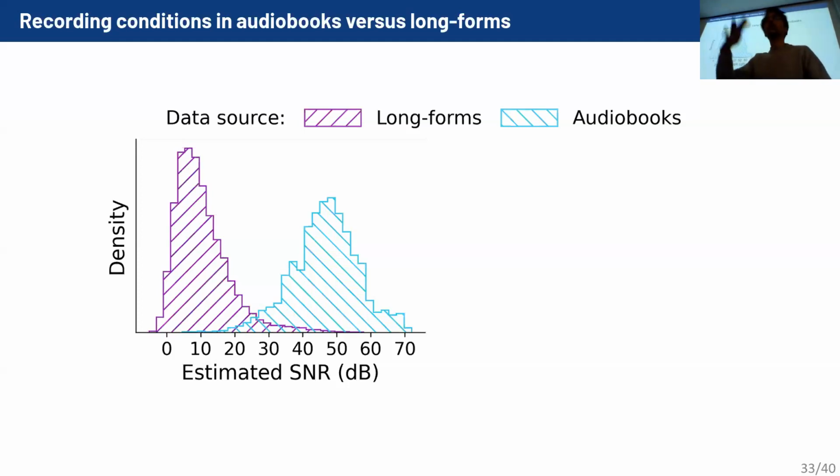For those who don't know, the speech-to-noise ratio measures the level of speech with respect to the level of background noise. Comparing audiobooks with long forms, we observe that long forms have a much lower speech-to-noise ratio, indicating a higher level of background noise.